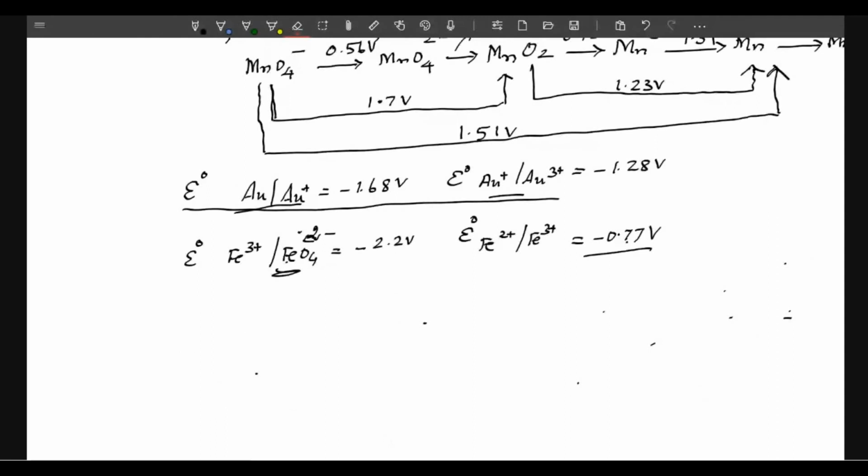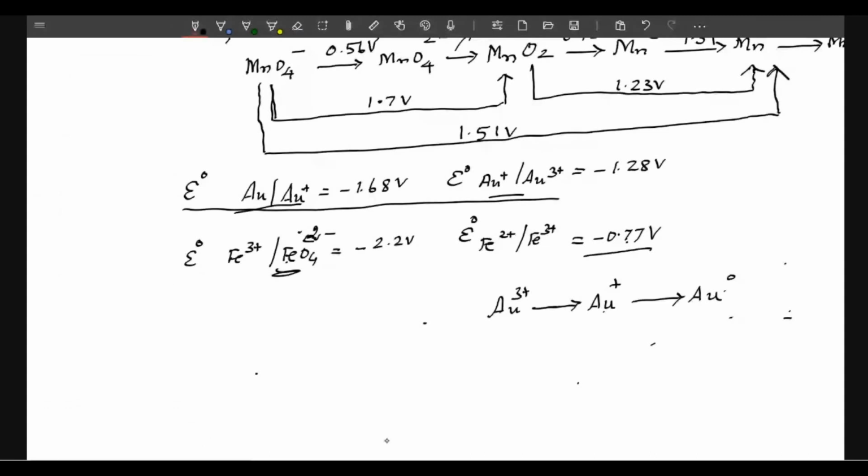In the Latimer diagram, the highest oxidation state is written on the left hand side, then the next intermediate is Au+, and the lowest is written here. Here Au 3+ giving Au+ giving Au 0.